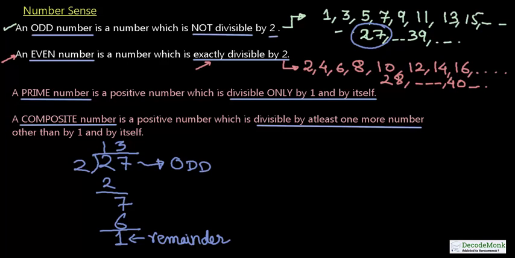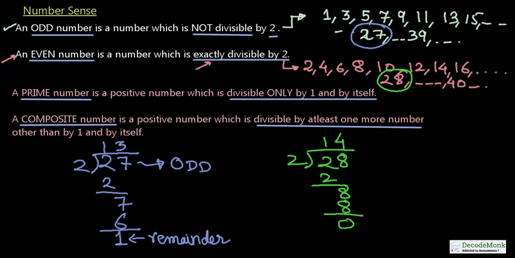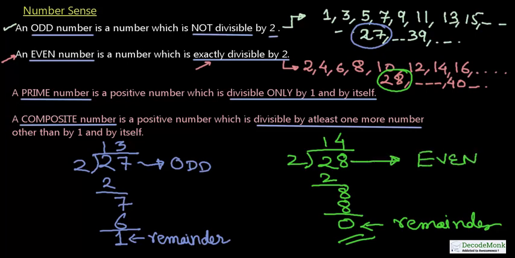Now for example, if you take 28 and divide it by 2, 2 ones are 2, 2 fours are 8, you get remainder as 0. So 28 is an even number.